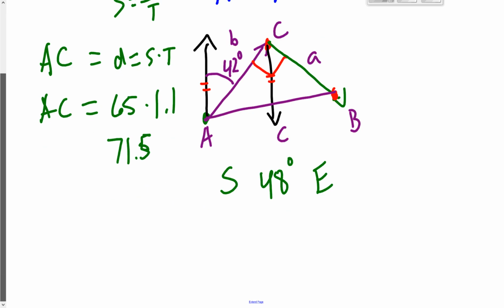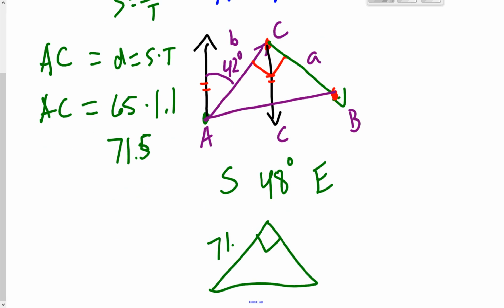So if you want to, you could draw another triangle. So this is 71.5. Then from Danville to Goldsboro, from C to B, are we going 65? Yeah, in both cases we're going 65. On this one we're going to take 1.8 hours to get there. So we multiply those, and we get 117 miles.